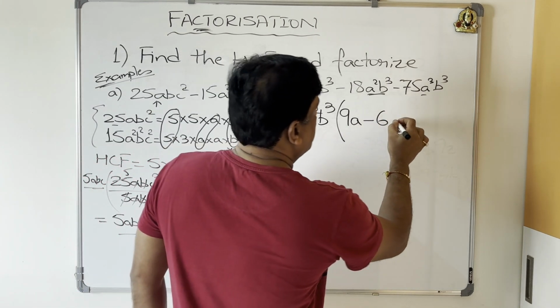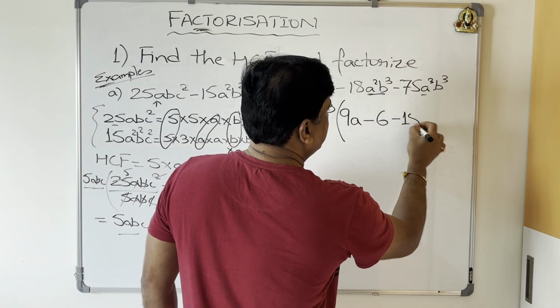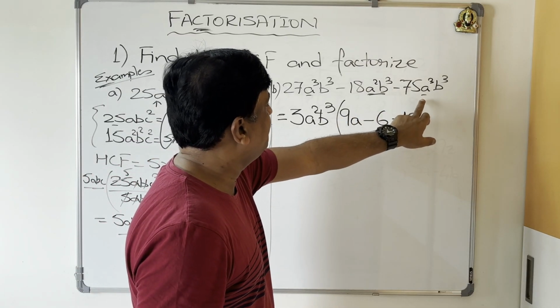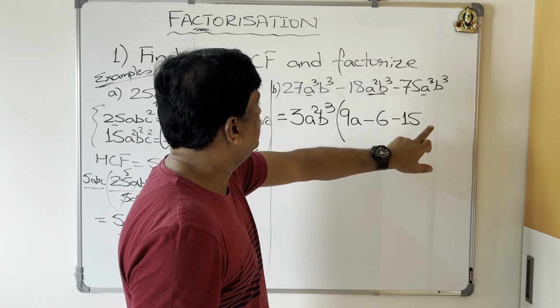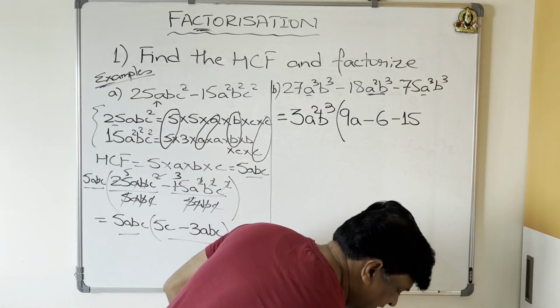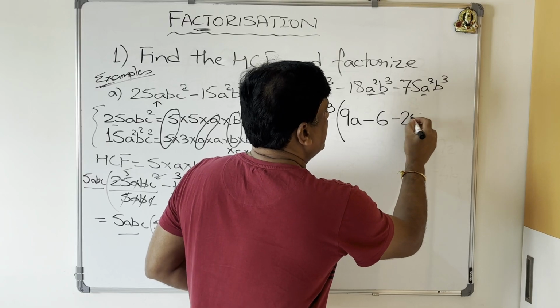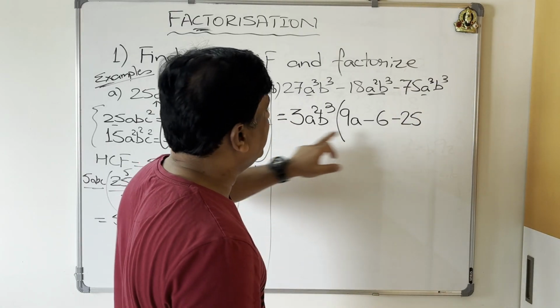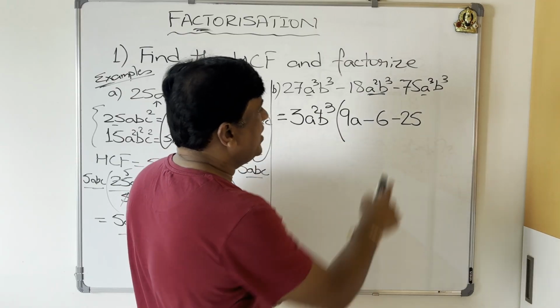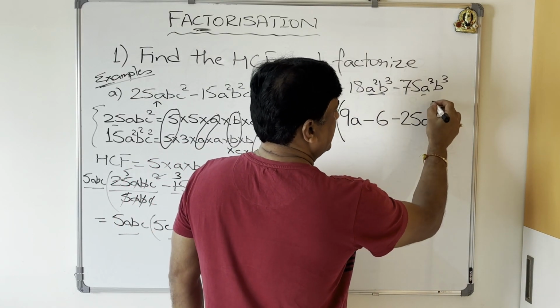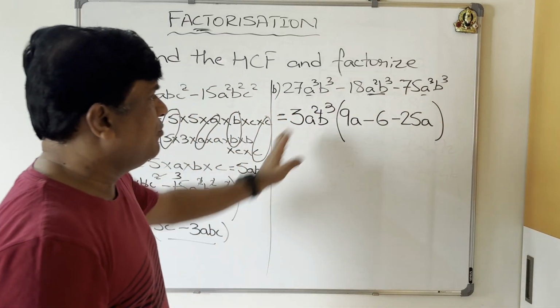Now, minus 15, what are you left with over here? Sorry, it is not 15, it will be 25. You are left with 25 because 3 times 25 will give you 75. You have taken A square out, so you are left with A over here. That is what you have.